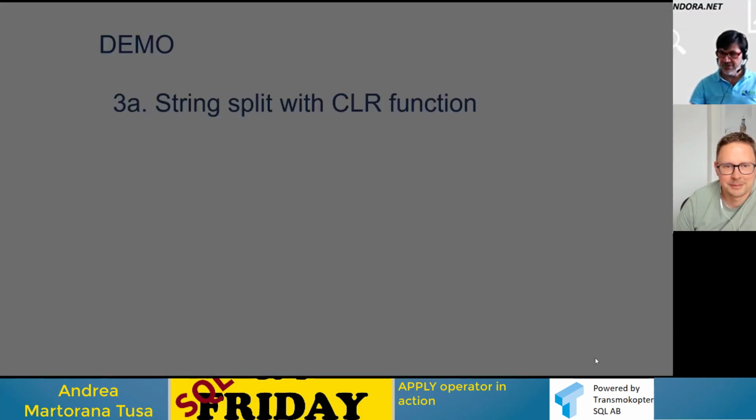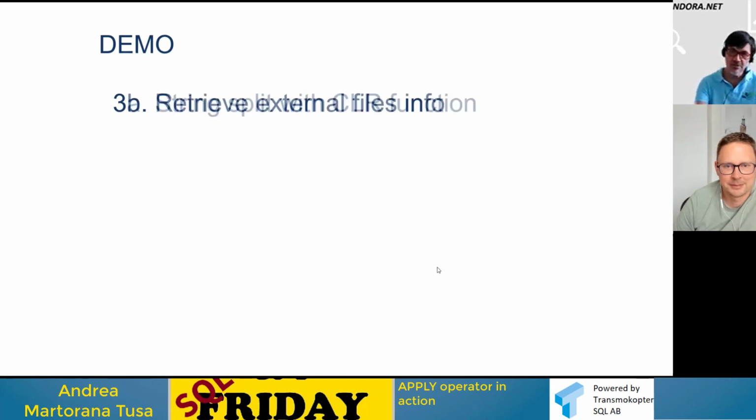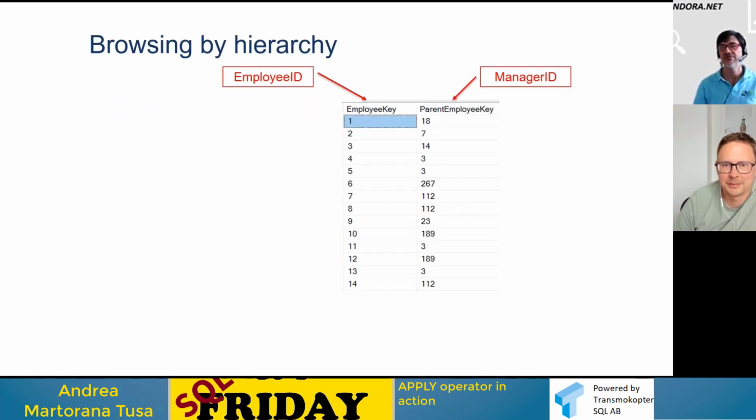Let's go into another very common topic, that is hierarchies. How to browse through hierarchies. In your employee table, you have the relationship between the employee and the manager. So you want to see the line hierarchy for each employee. How to do it?